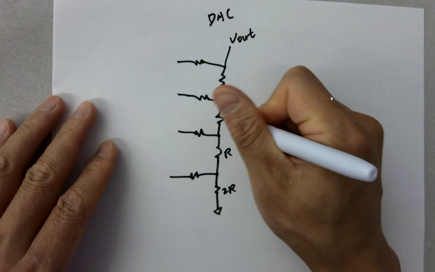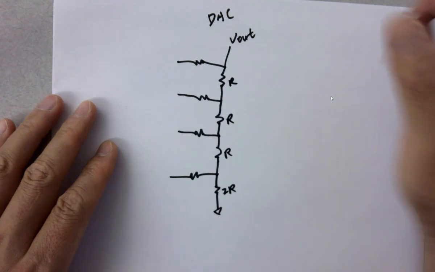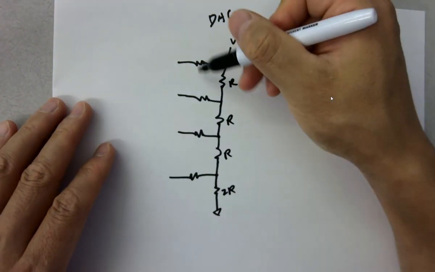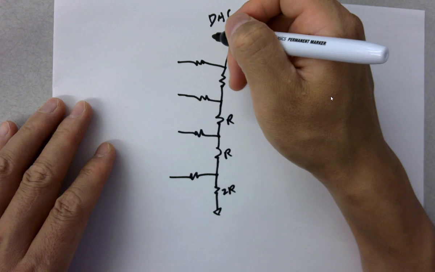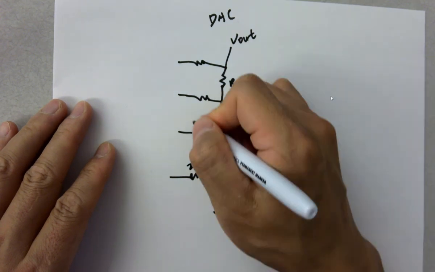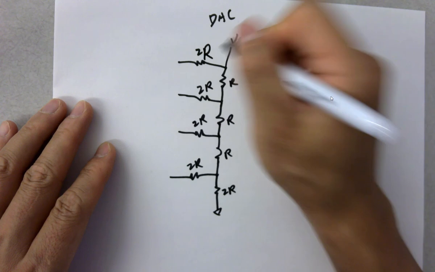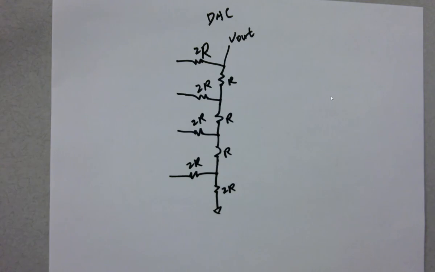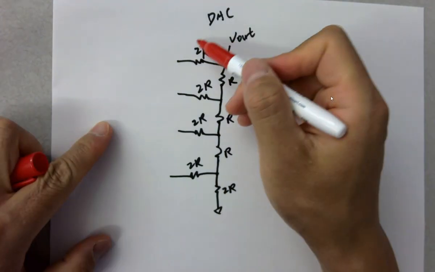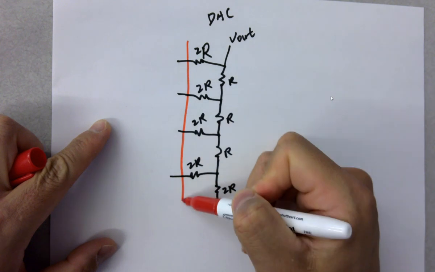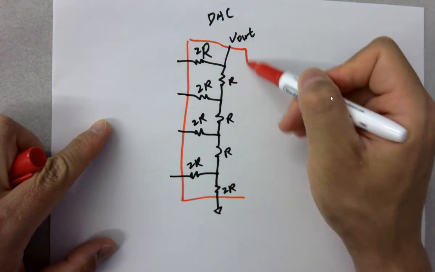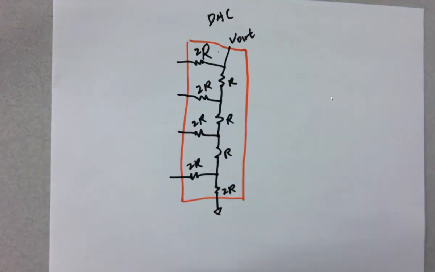This is R. For example, 10K, and these 2Rs are 20Ks. Let's just label it 2R, 2R, 2R, 2R. Oh, sorry. And the DAC's symbol, for example, looks like this. Okay, that's the icon of the DAC.